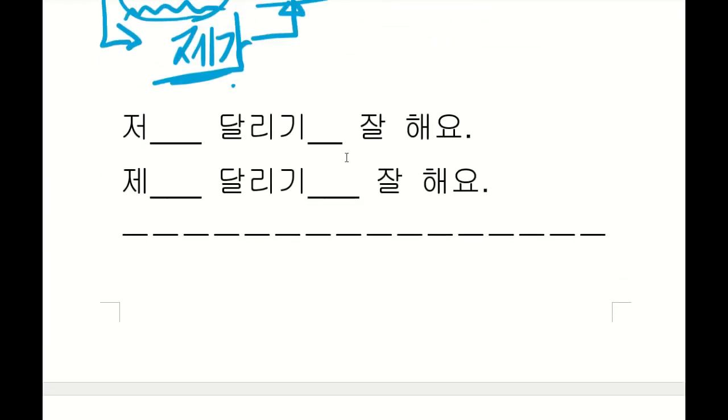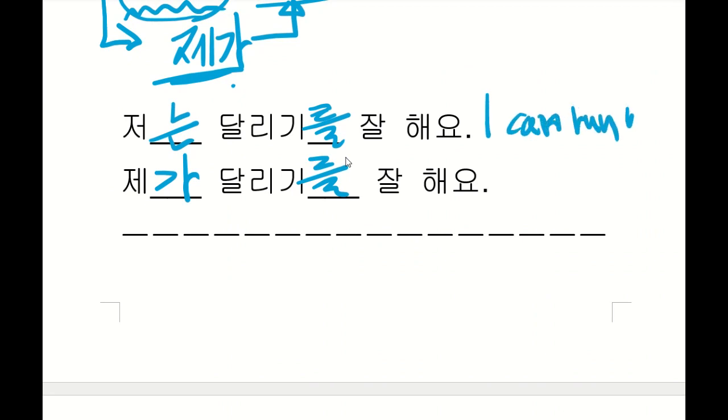Okay, this is the last example. 저는 달리기를 잘해요. 제가 달리기를 잘해요. Okay, so I can run well. So this is general information about me. 저는 달리기를 잘해요. I can run well.